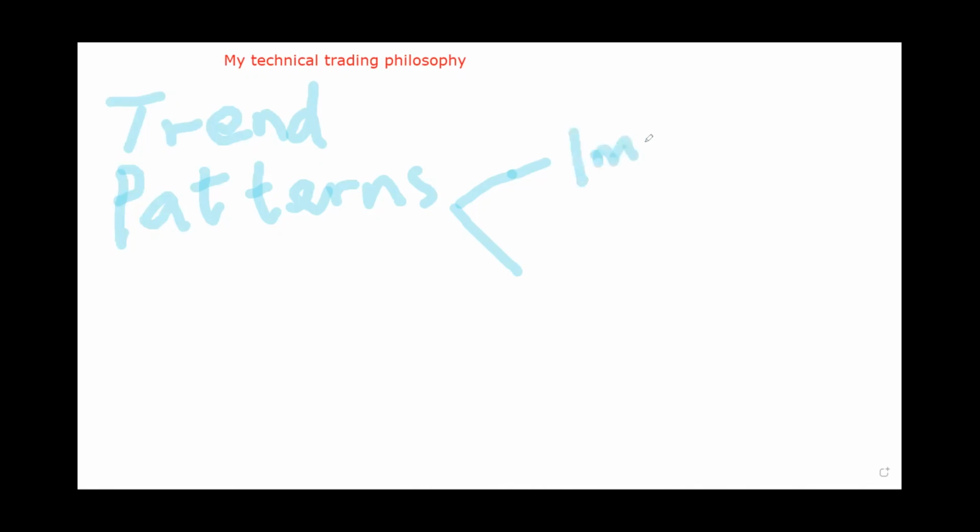impulse patterns. Impulse moves are moves in the direction of the trend. For example, if I have an upward trend that goes like this, this is an impulse, this is an impulse, this is an impulse. Why? Because they are in the direction of the trend, and two, because they are fast.